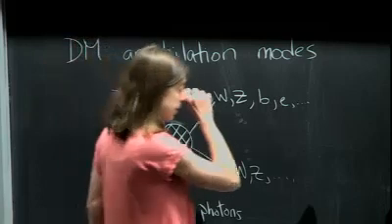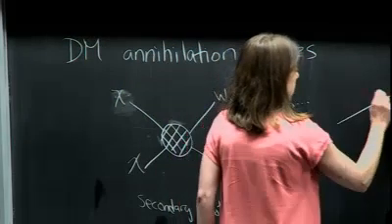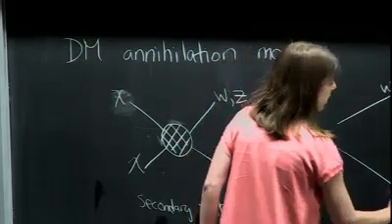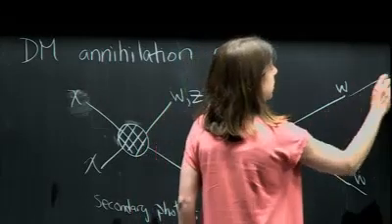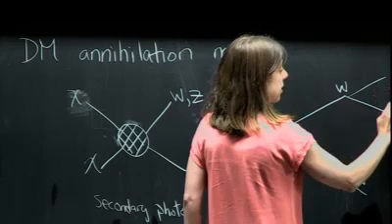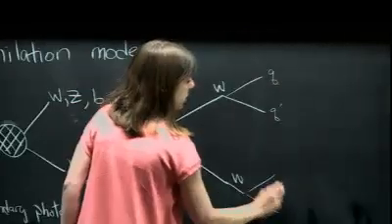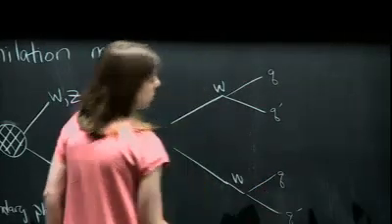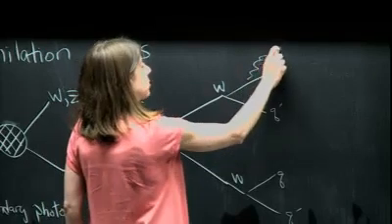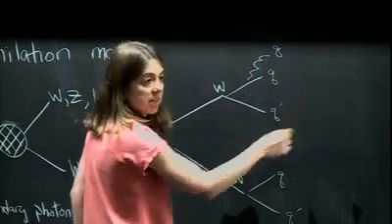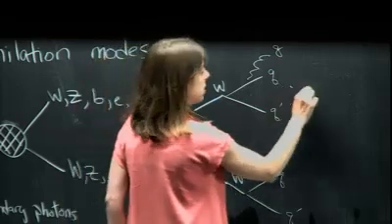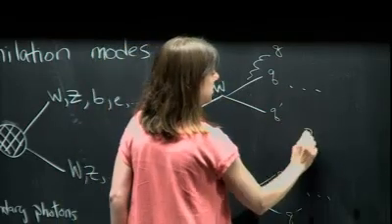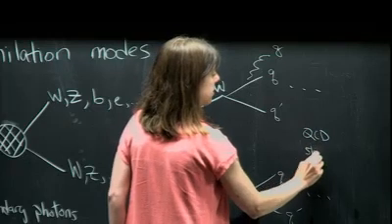So in particular, if I were to produce a pair of W bosons, the W's can then decay hadronically to quarks. The quarks will radiate off gluons. It starts becoming complicated. You end up getting a collection of quarks and gluons in this showering process. So you get a QCD shower here.